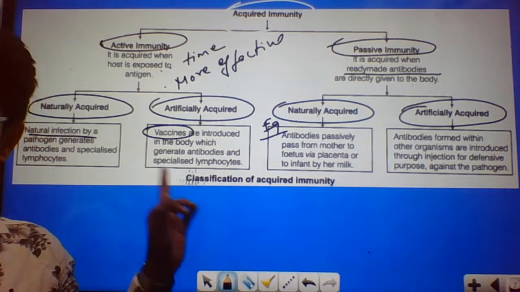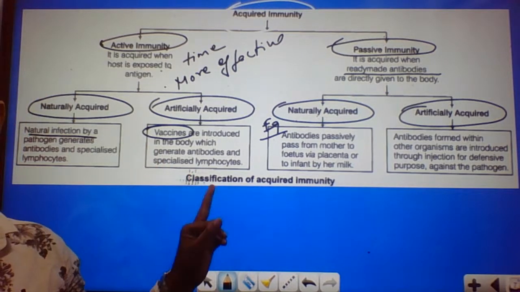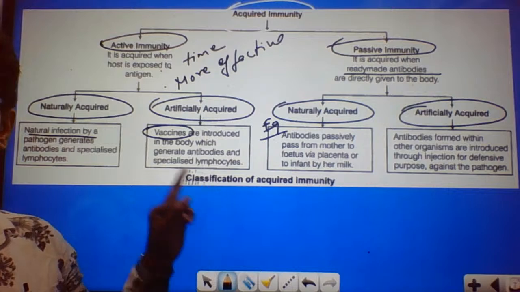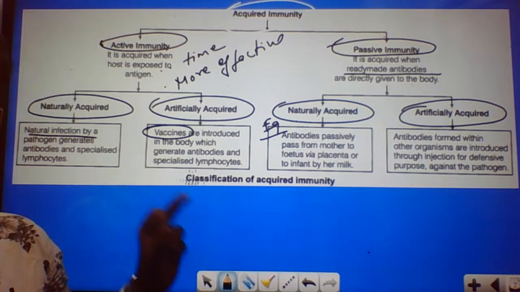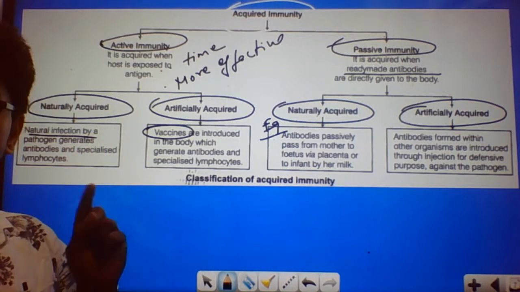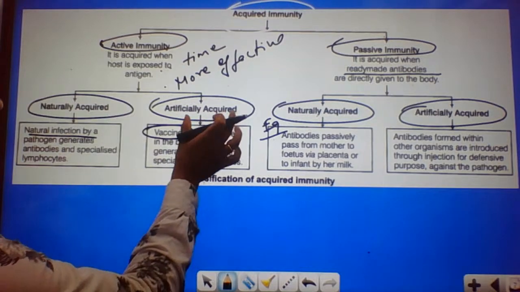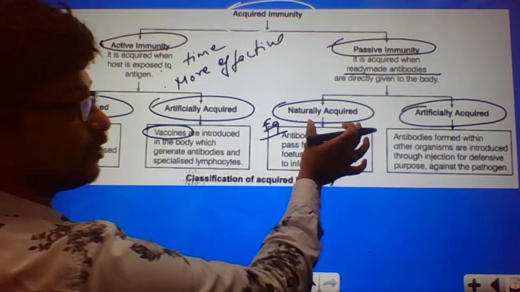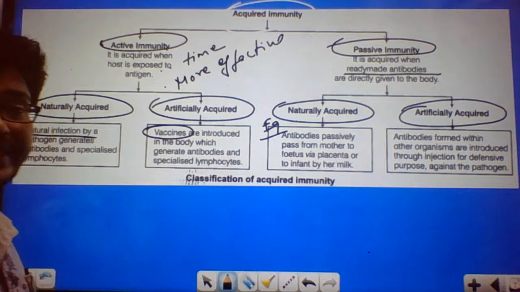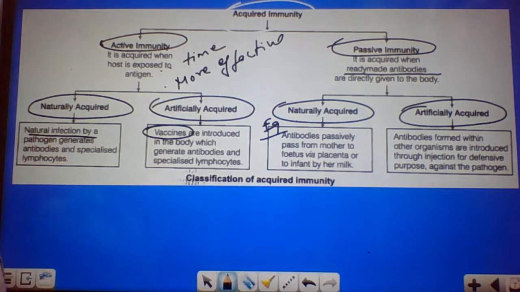We discussed this yesterday, but I'm showing it again, because you may get a question where they give you an example and ask you to identify whether it is natural acquired immunity, artificial, or natural acquired passive immunity. You should be extra cautious in answering this type of question.